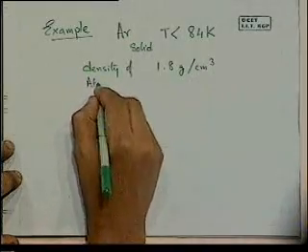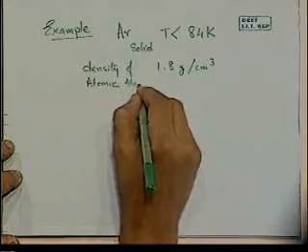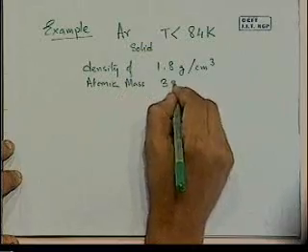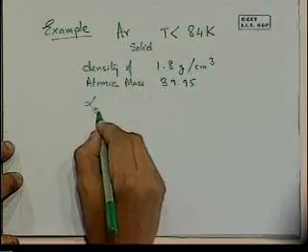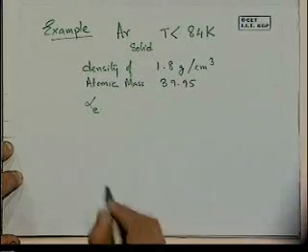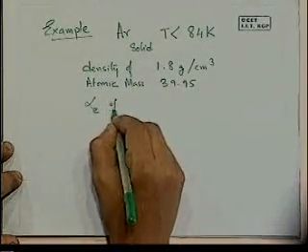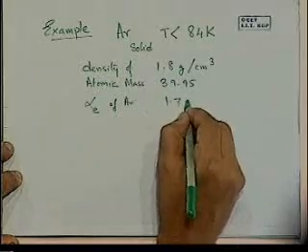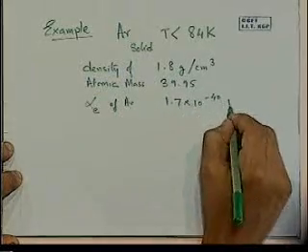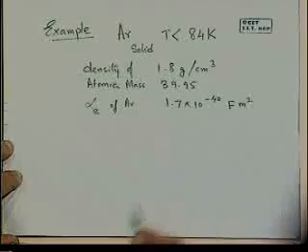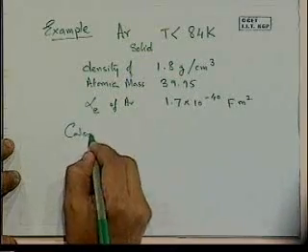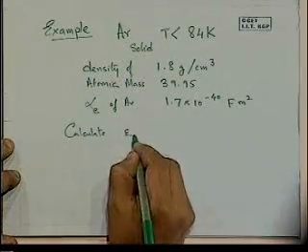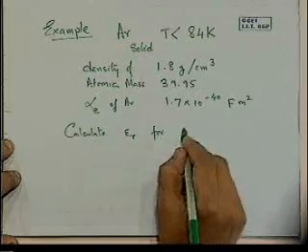The atomic mass of argon is known, namely 39.95. And given that alpha E, the electronic polarizability of argon, is 1.7 into 10 to the power minus 40 farad meter square, those being the units of alpha E, what we want to do is to calculate epsilon r for solid argon.